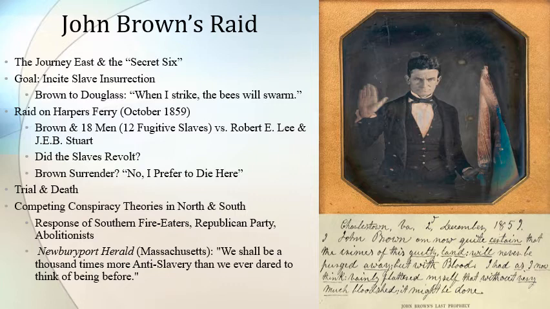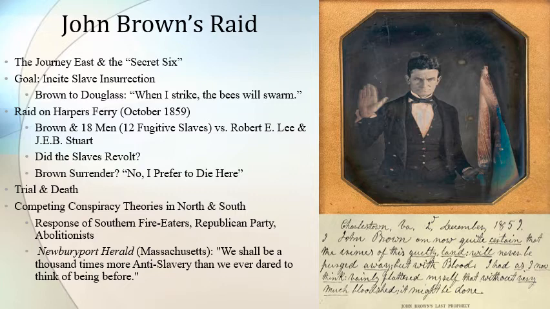The hope was that this raid would incite a slave rebellion or insurrection. Well, ultimately, Frederick Douglass refused to participate in the planned raid, predicting that it would fail. And he would be quite prescient, because that is in fact what happened. Not to give you too much of a spoiler here, but that is in fact what occurred.